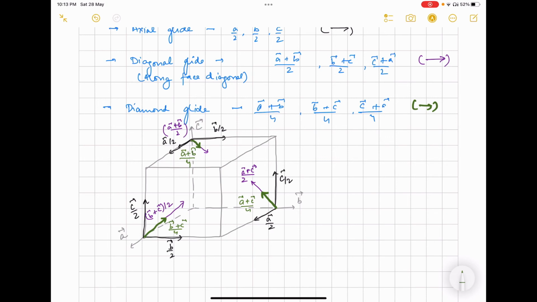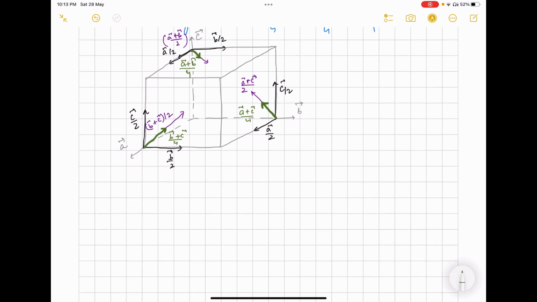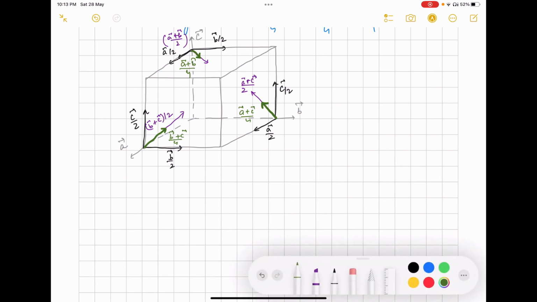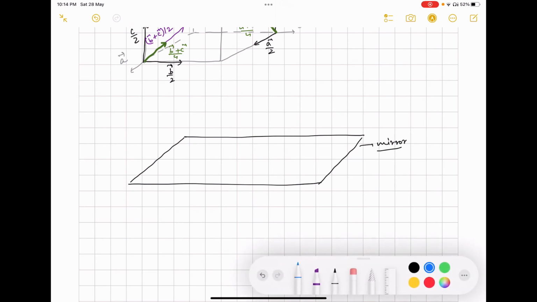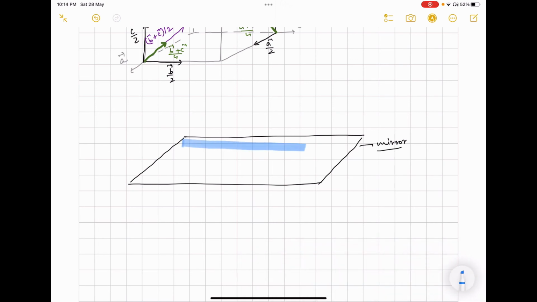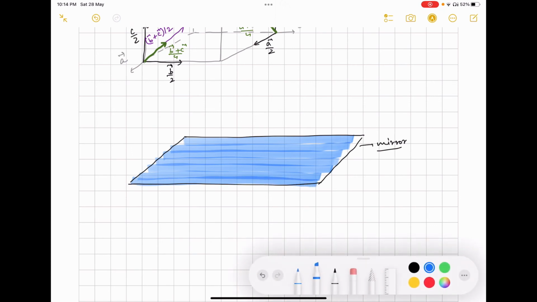Okay, now what is a glide reflection? So suppose you have a plane like this, which acts as the mirror. This plane also acts as a mirror. So this is your plane. Alright. Now suppose you have different points.